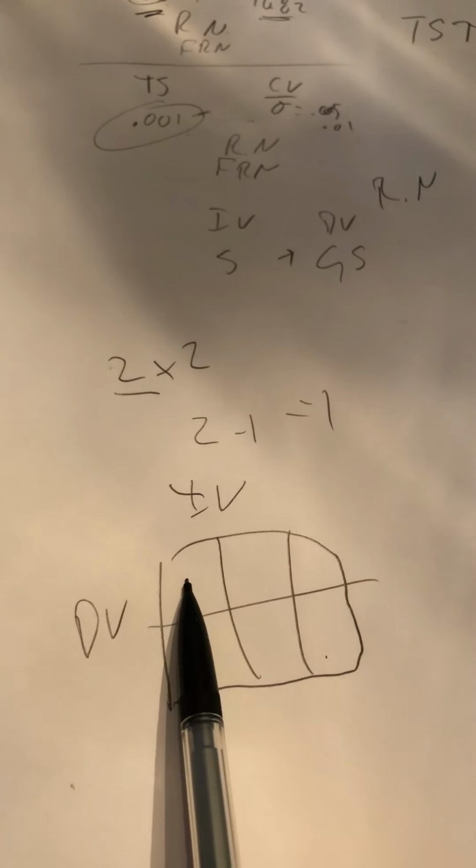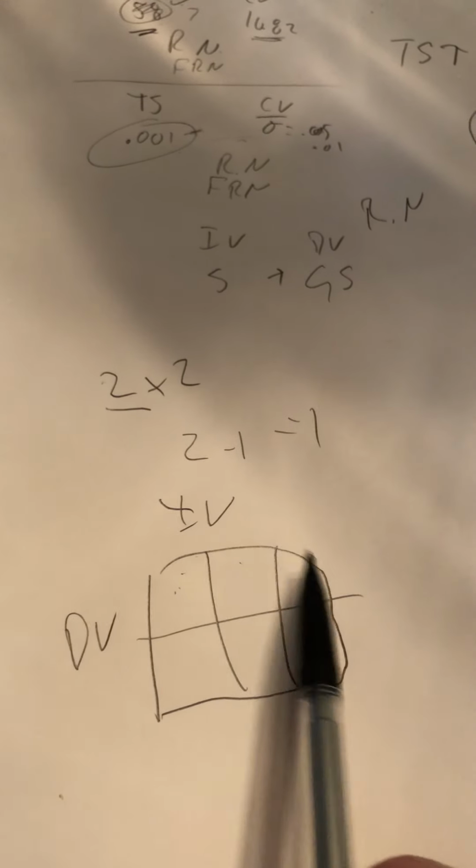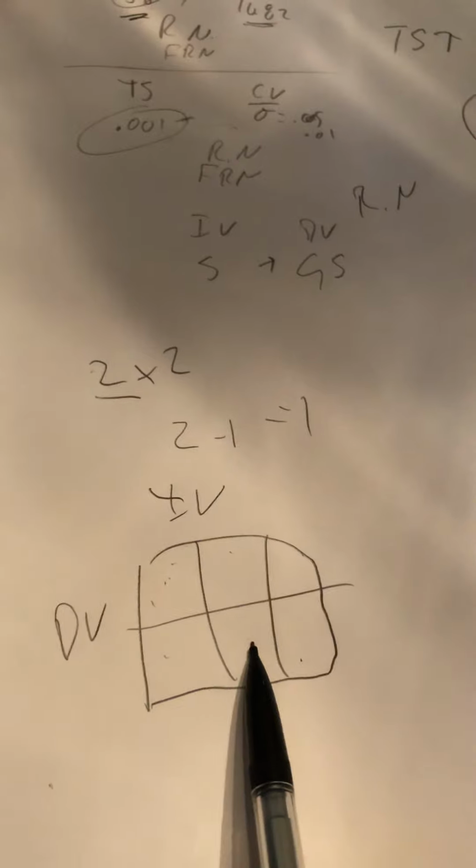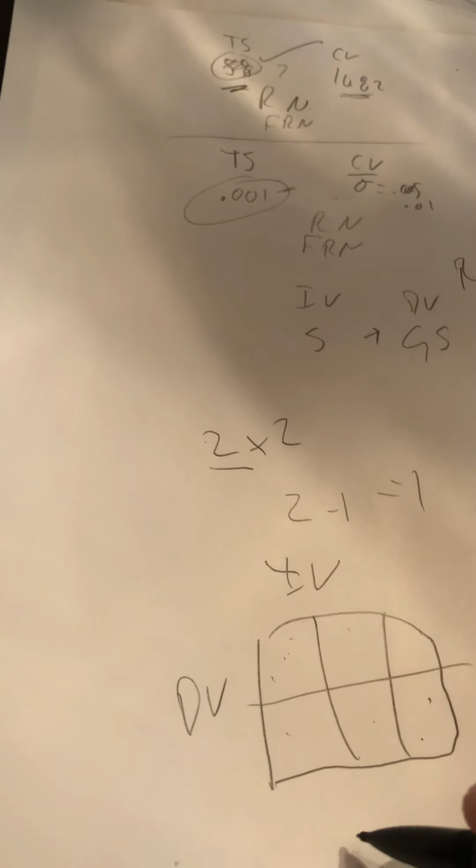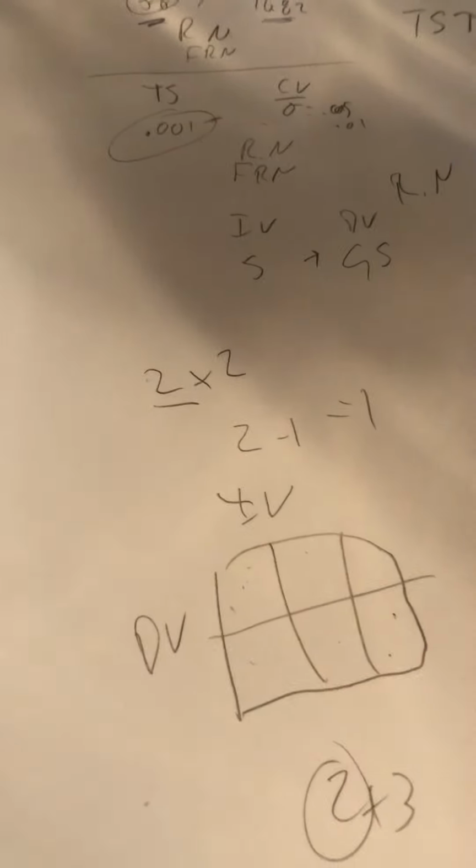And I think I might have misspoke. So let's say we have an independent variable and a dependent variable. All right, that's really sloppy looking, sorry. The independent variable has 3 attributes, right? And they're in the columns. The dependent variable has 2. So here we have a 2 by 3 table. So you'd want to take the 2 because it's smaller.